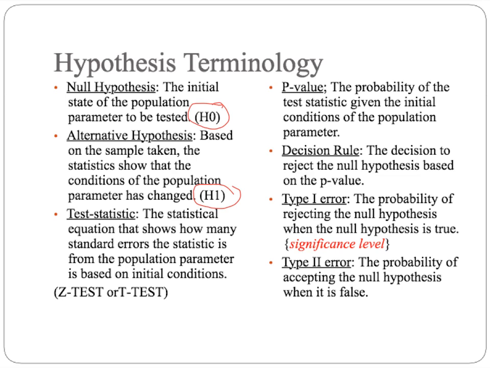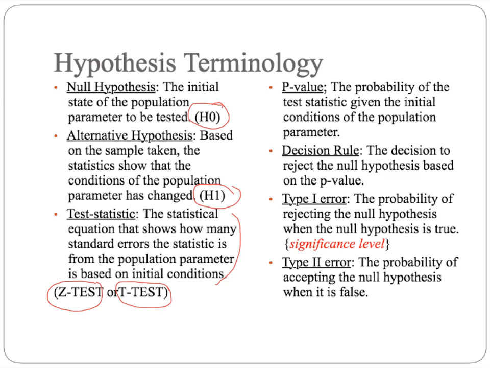The test statistic is the statistical equation that shows how many standard errors the statistic is from the population parameter based on initial conditions. And this is from the sampling distribution. In this case, for a quantitative variable, it's either a z-test or a t-test.